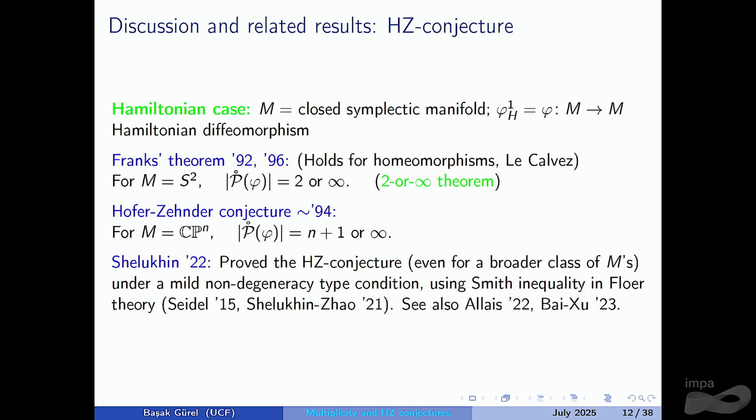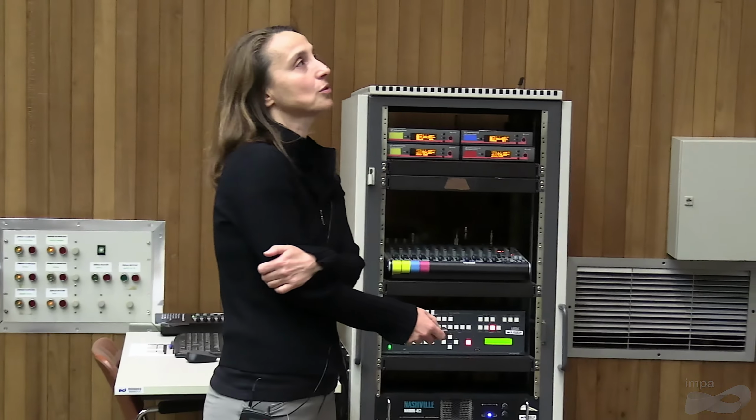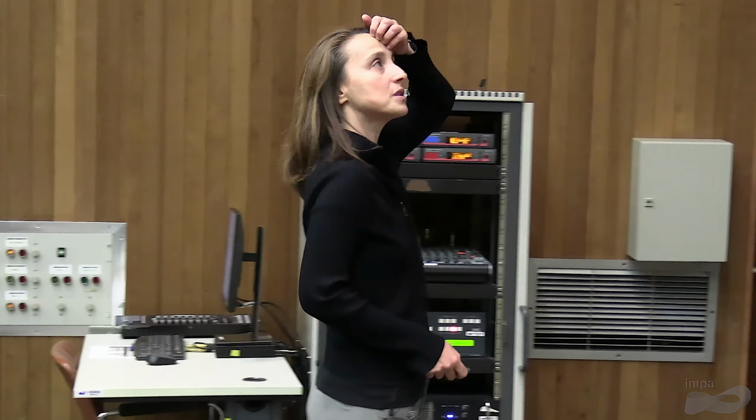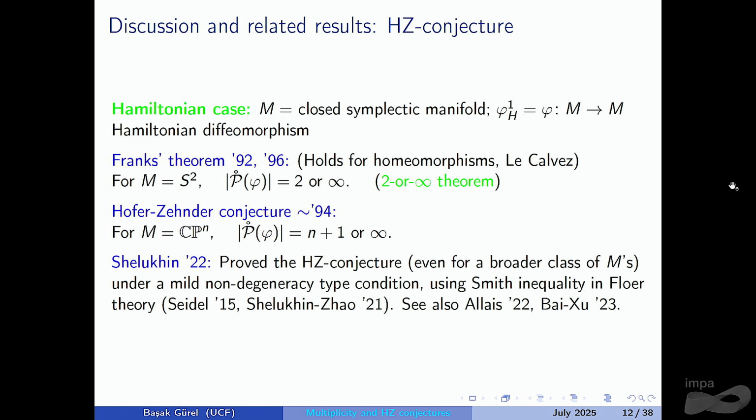So, the history of the HZ conjecture, of course, the main history here is the Hamiltonian case of the conjecture, starting with, so this is now Hamiltonian diffeomorphisms of a closed symplectic manifold. It goes back to Franks' theorem that for S2, the number of periodic points is 2 or infinity.